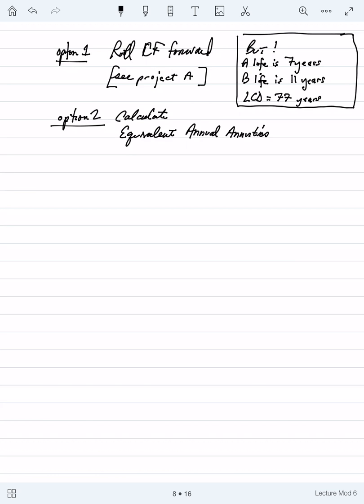The method is calculating the net present value for one life cycle of each project. The net present value for one life cycle is then converted to an annuity across the full life of the project. The annuities of the alternatives are then comparable.